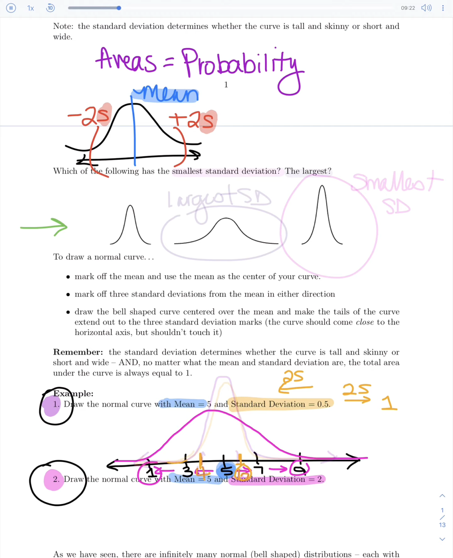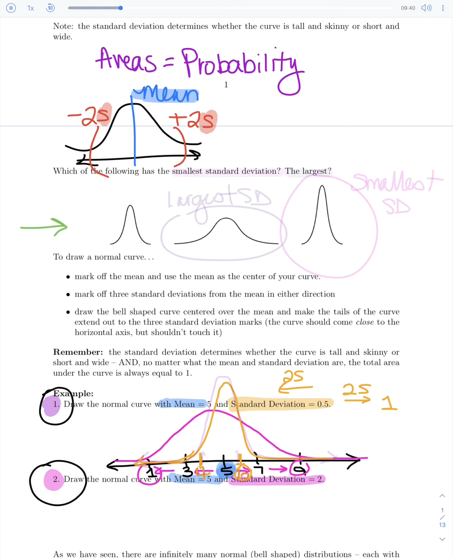Then the majority of my picture should be crammed into that area with the same area though. So it's going to end up being taller this time. Same shape, just taller, because it's the same amount of stuff shoved into a tighter picture.